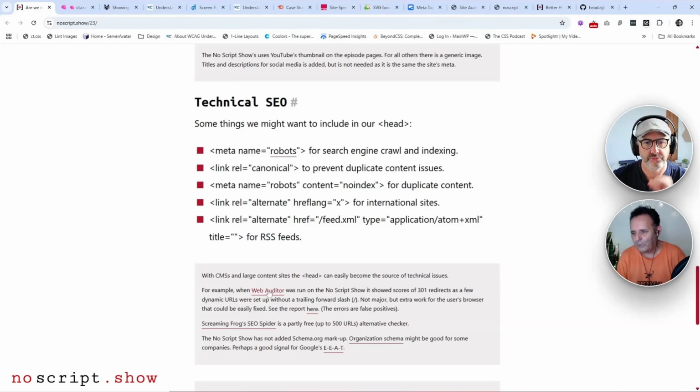There is an alternative, a partly free Screaming Frog SEO Spider, where you can crawl your pages. I did this recently, and because I didn't put forward slashes on some of my addresses in my head, I got so many 301 redirects.